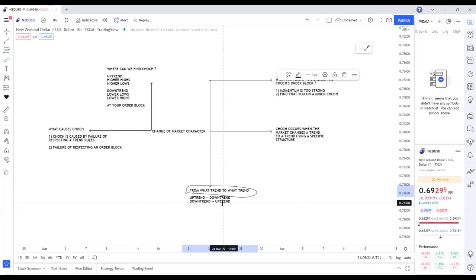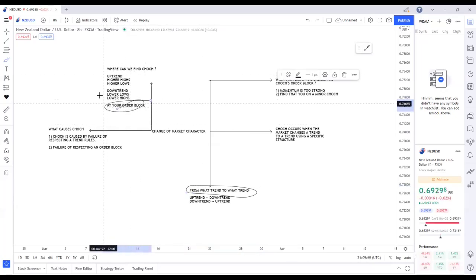And the last point: when the market hits your order block at this level, we have something called the confirmation entry point. The market needs to switch from a certain trend to another trend, and we're going to talk about that as time goes on.